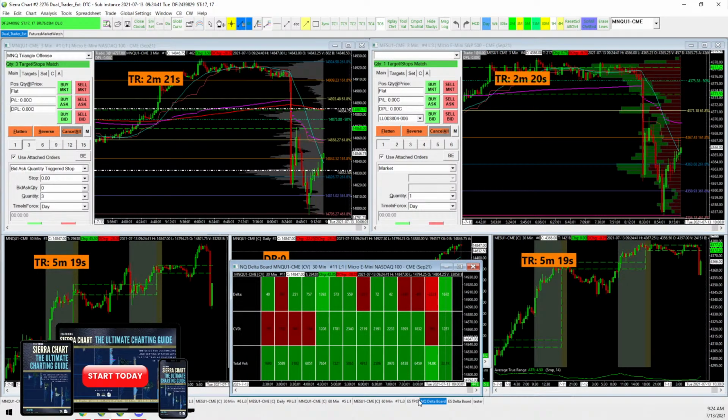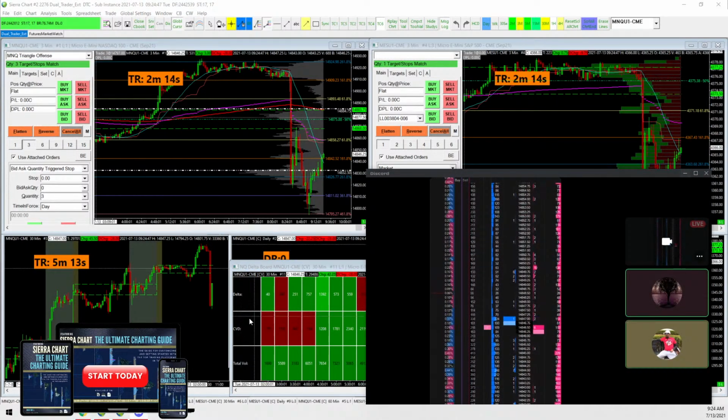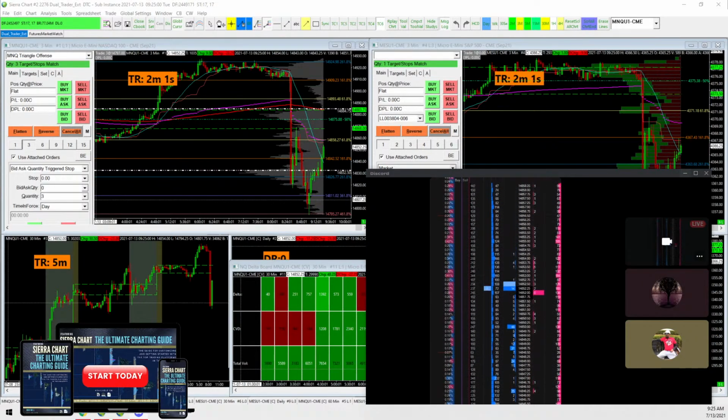Price is being held up right now as there's a passive seller absorbing us from continuing higher, as most of the orders that have been transacted, about 840 within this last minute, are to the buy side. Our sellers at 46 and a quarter, they're being pushed up, and boom.